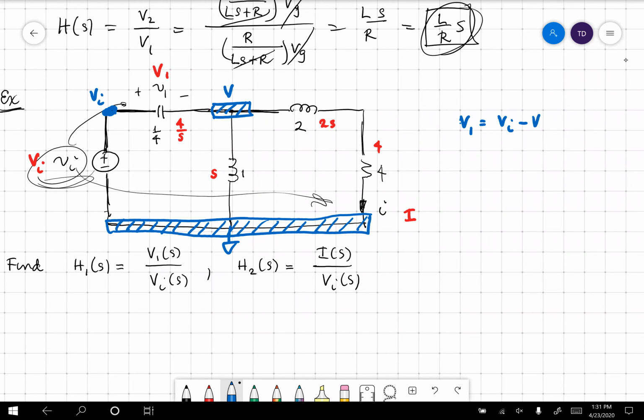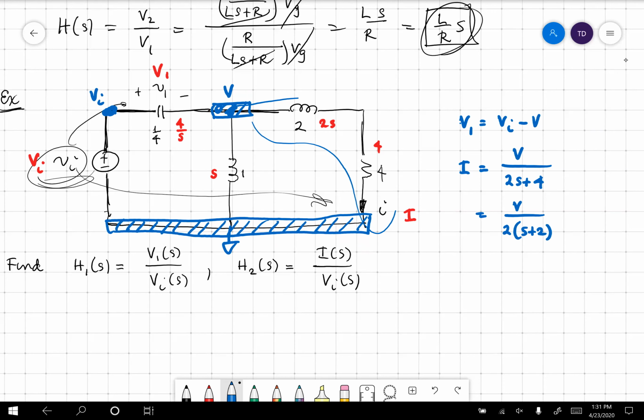It's the voltage on this side minus the voltage on this side. That's what V1 is. I is equal to this voltage here, and that voltage is across both of those series impedances. So I is equal to V divided by 2S plus 4, which is equal to V over twice S plus 2.